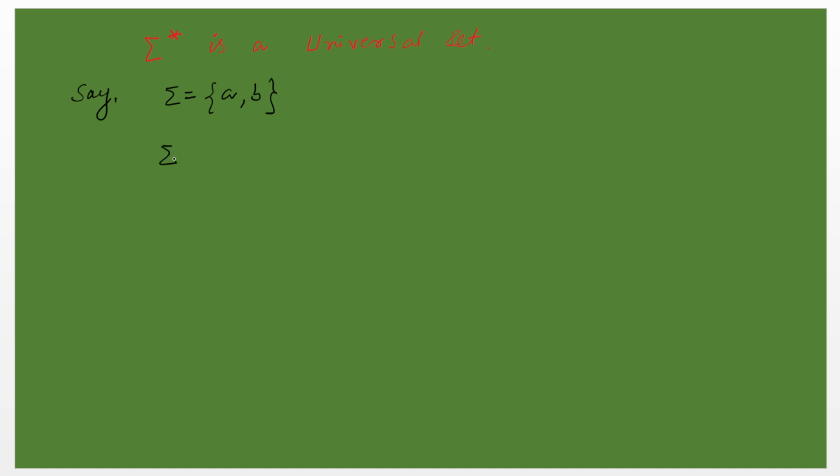Then what will be sigma 0? It means strings of length 0, the set of all strings over sigma of length 0. That is basically epsilon.